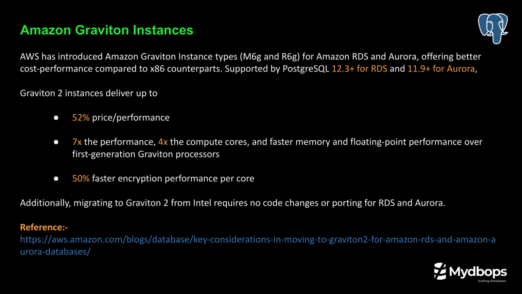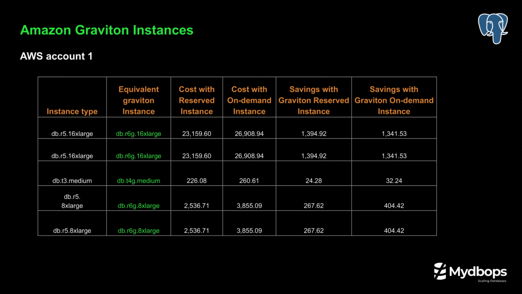Additionally, migrating to Graviton 2 from Intel requires no code changes at the application level. We can just create a new DB instance and create a replication between them. We can use either streaming replication or logical replication to migrate from the x86 machines to the Graviton machines.